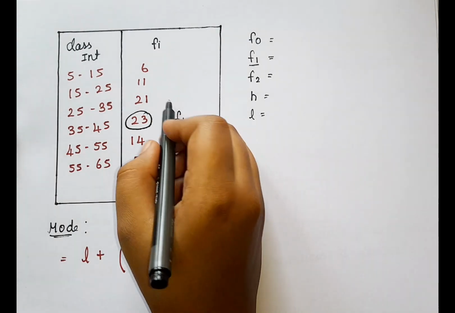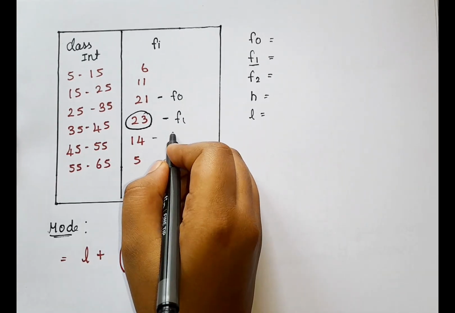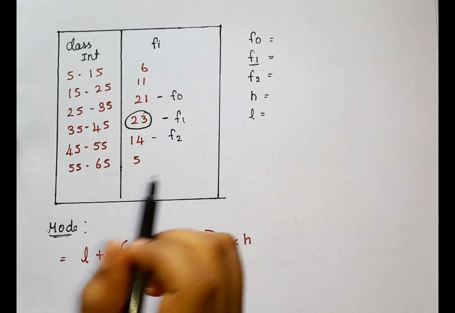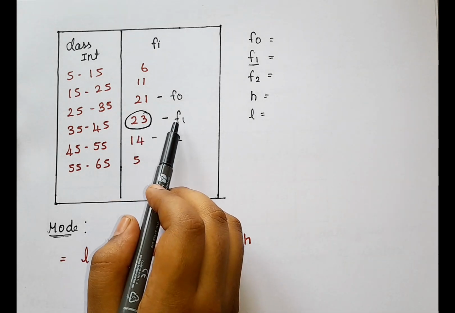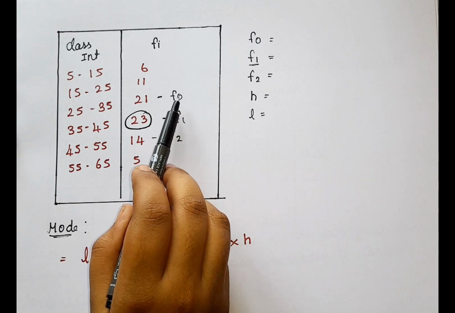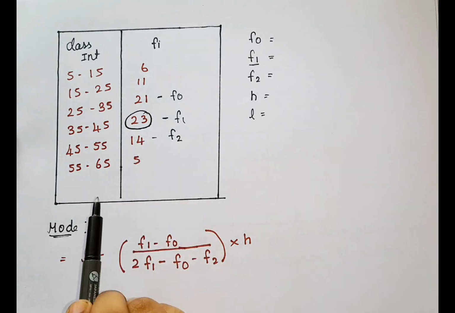Above it is F0, and below it is F2. If you just find the maximum value, that is F1.